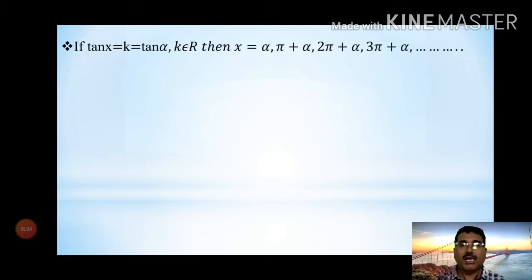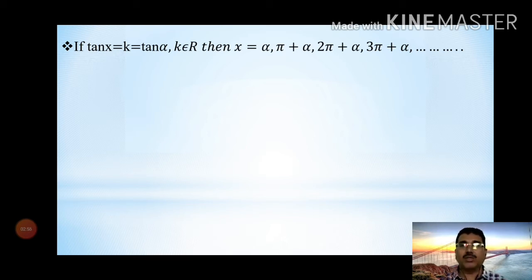If tan x is equal to k, that is equal to tan alpha, where alpha is a principal solution. Here k belongs to R, and tan x is positive in quadrant 1 and quadrant 3.